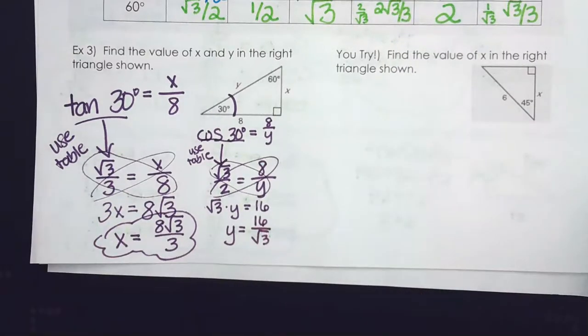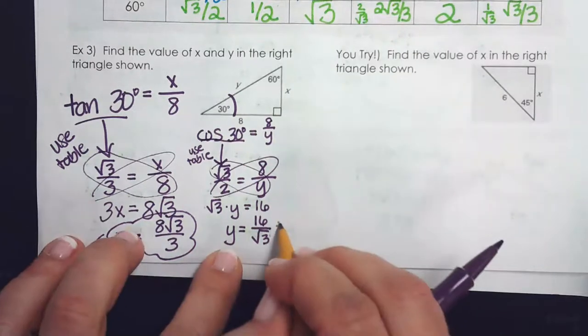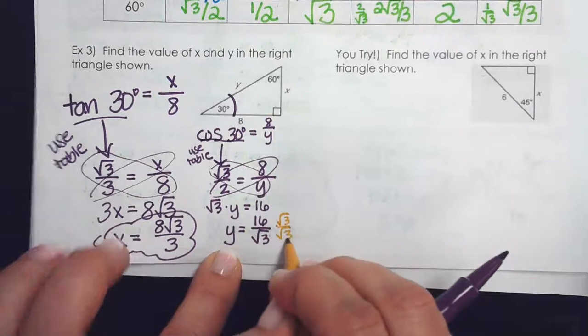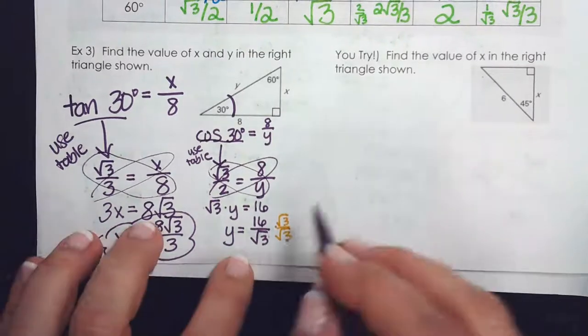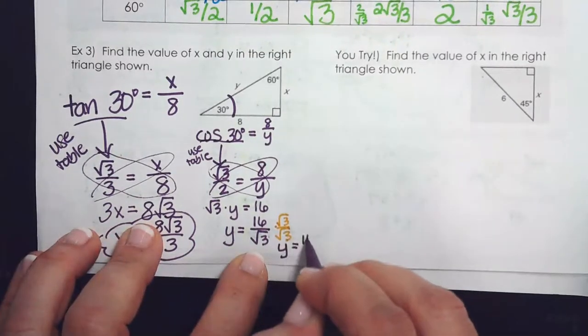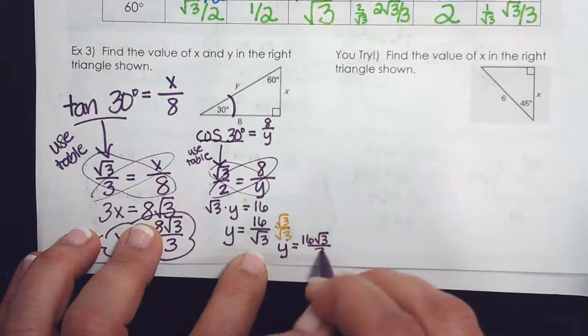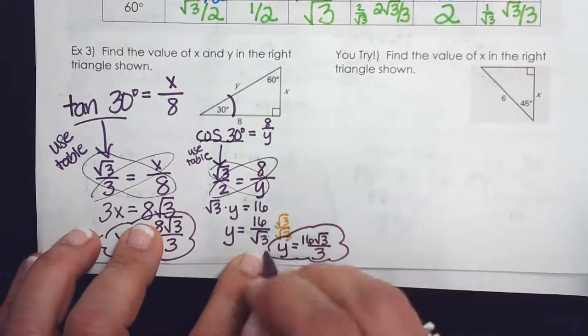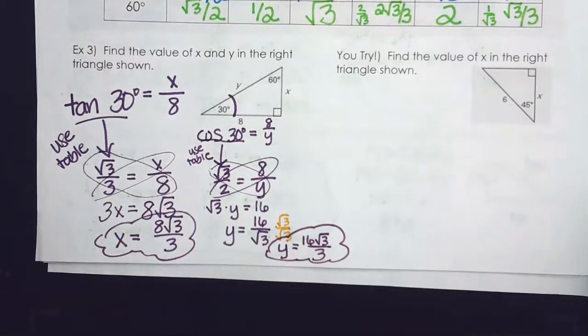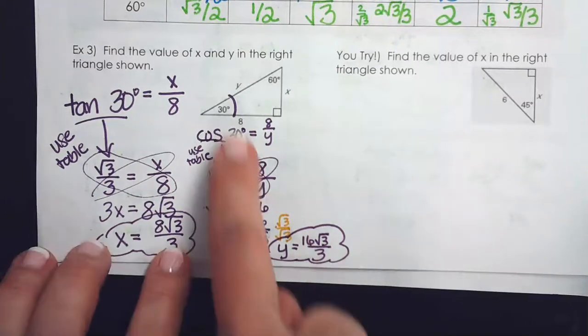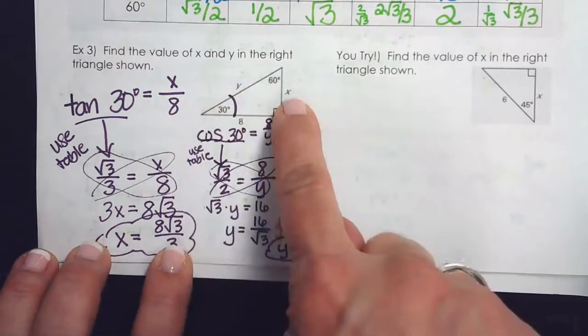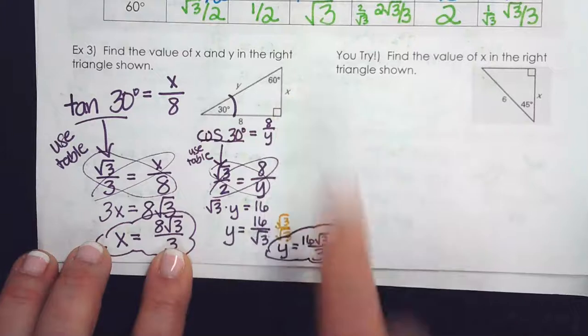But what will I want to do to my answer? Rationalize. So I would multiply by root 3 over root 3, and I find that y is 16 root 3 over 3. And that makes sense if we think about the relationship in 30-60-90 triangles, because the hypotenuse should be twice as long as the short leg.